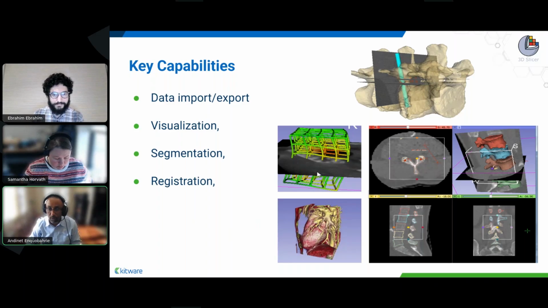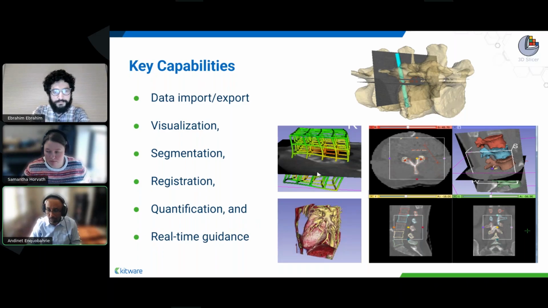And also, you can align images from different modalities and time points using registration modules. After segmentation and registration, for quantification, for example measuring volumes, distances, and other image-based metrics, 3D Slicer provides several modules. And also, for folks who are interested in robotic-assisted surgery or interventional workflows, 3D Slicer has several modules that are well suited for building real-time guidance applications.